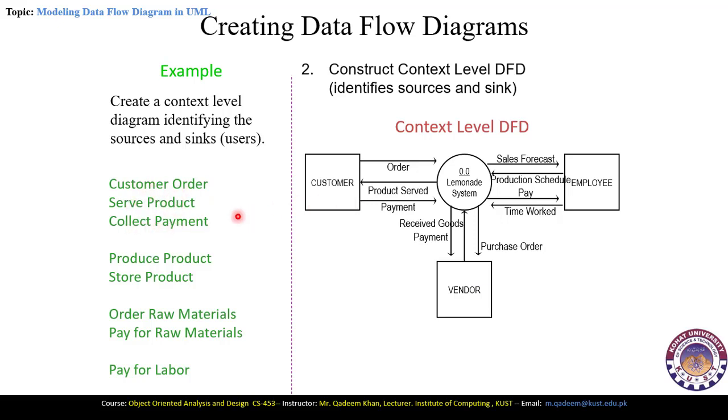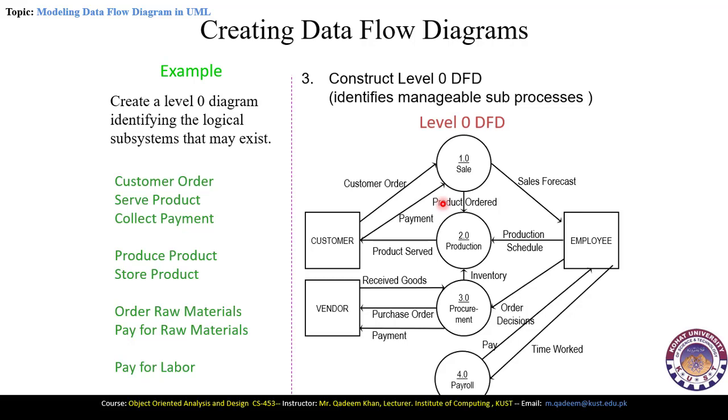These are different functionalities. Produce products and store products are also other functionalities which will interact with the different users here. And order raw materials, pay for raw materials, and pay for labor. These are functionalities which will be provided to the different users of this lemonade system.